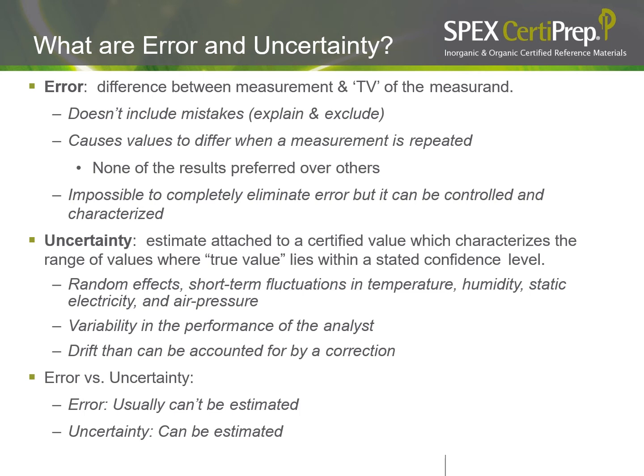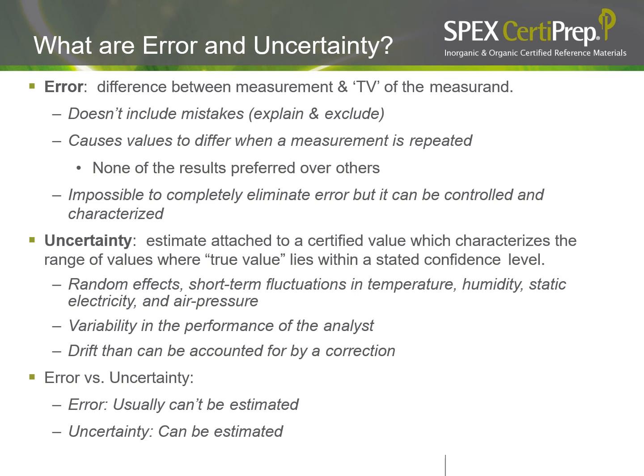So basically class, uncertainty is the estimate attached to the certified value, which characterizes the range of values where the true value lies within the stated confidence level. For example, random effects or short-term fluctuations in temperature, humidity, static electricity and air pressure.